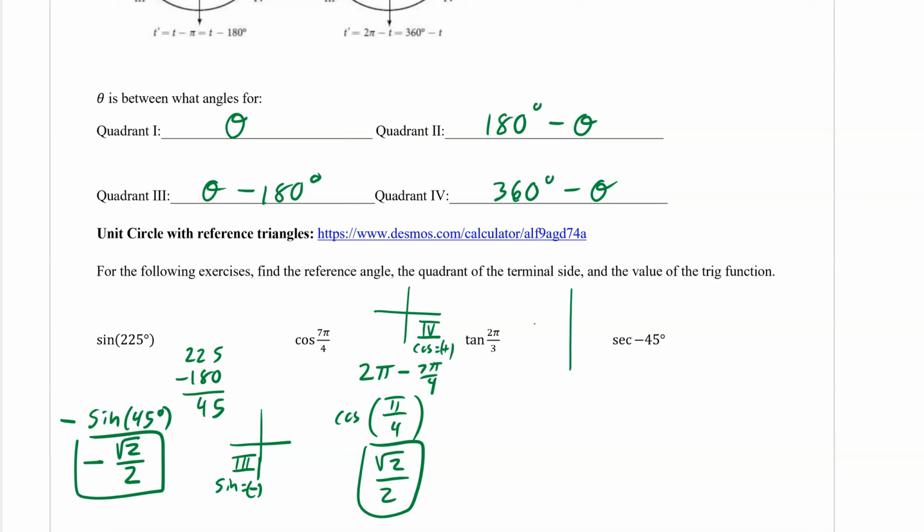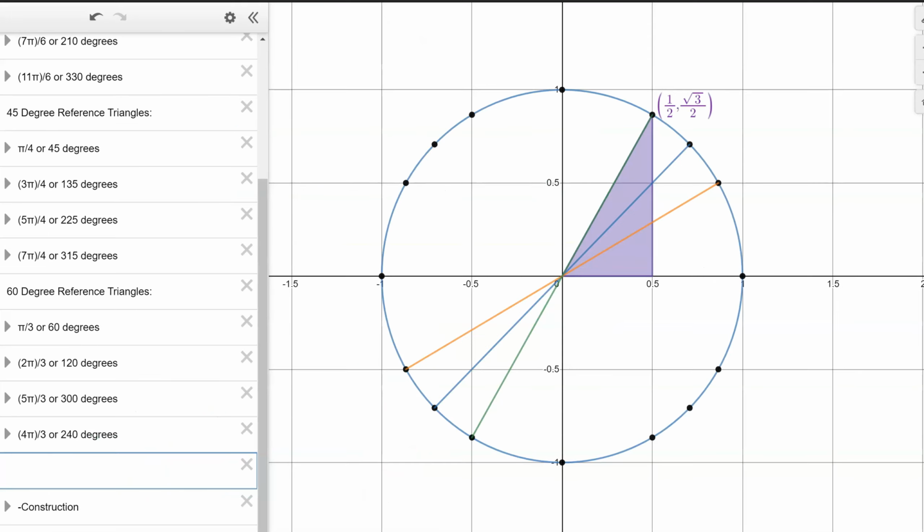Okay, 2 pi over 3. We know that that is quadrant 2. Tangent, we know, is negative. So now all we need is that one reference angle. And here's where it starts to become very, very quick. You know it's 2 pi over 3. So as you move through the circle, it's pi over 3, 2 pi over 3, 4 pi over 3, 5 pi over 3.